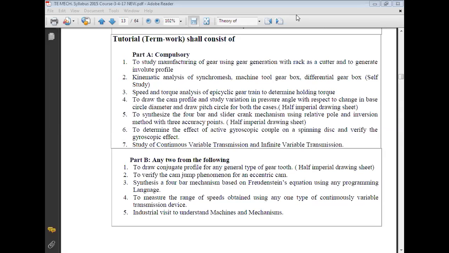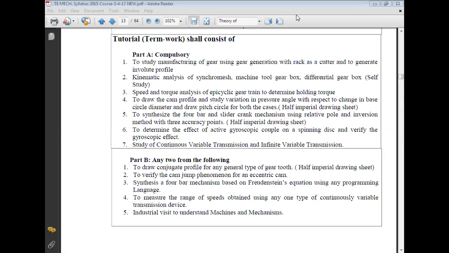So basically how conjugate profiles are being drawn, that is what we are going to see. So this is again a graphical assignment or experiment which we will see in this particular assignment.